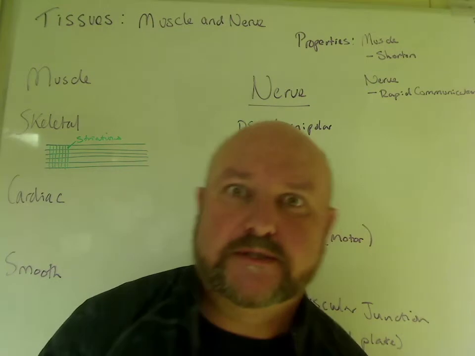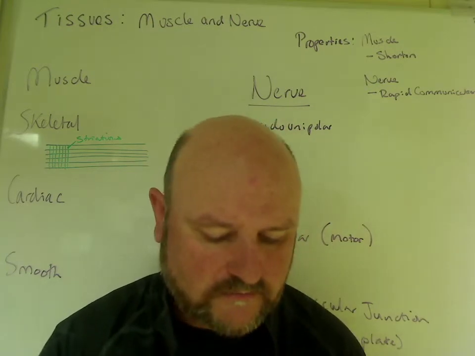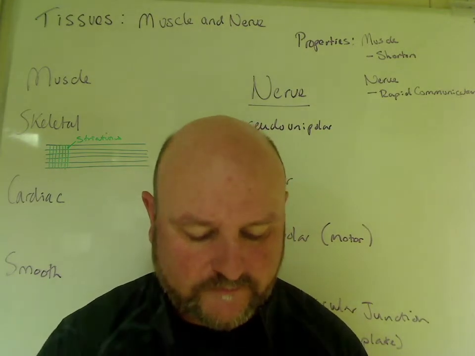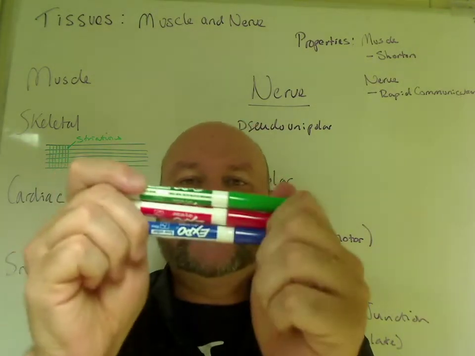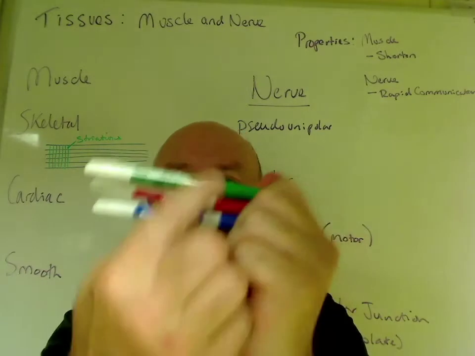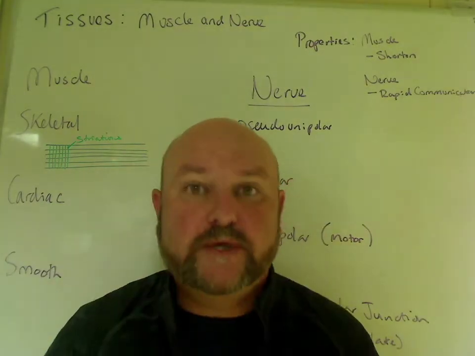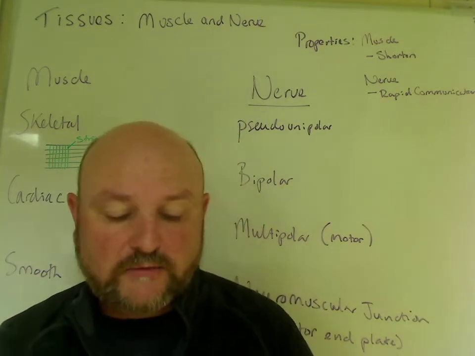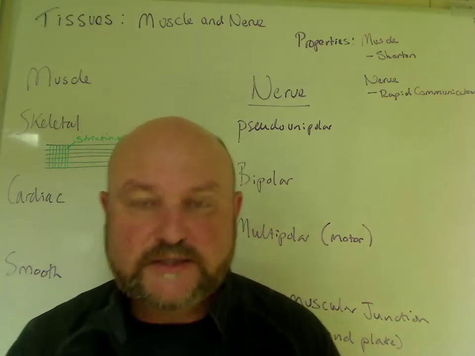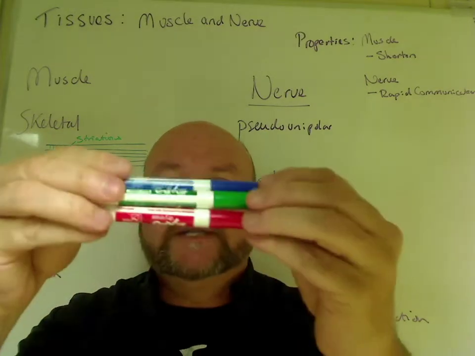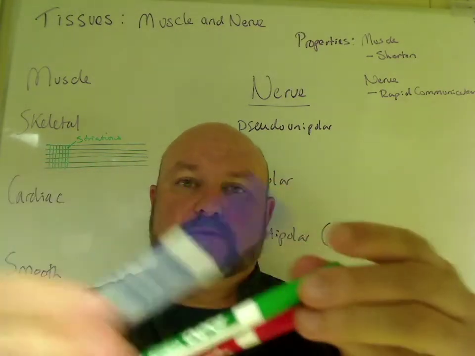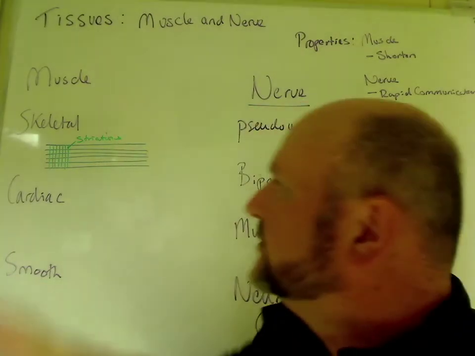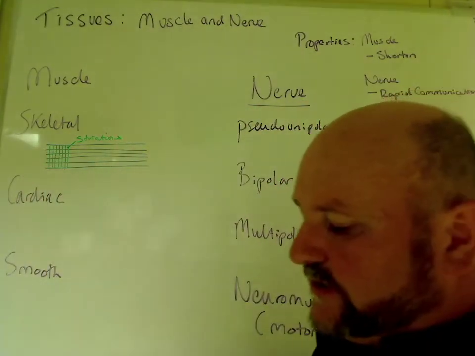So if I use these as pens, I've got three of the same size here. So they all line up together, so everything is occurring at the same point, which is why the striations appear across the muscle. And one of the key things about skeletal muscle is, like these pens, they run together, but they don't interact with each other. They're not connected to each other. So in skeletal muscle, they are striated.